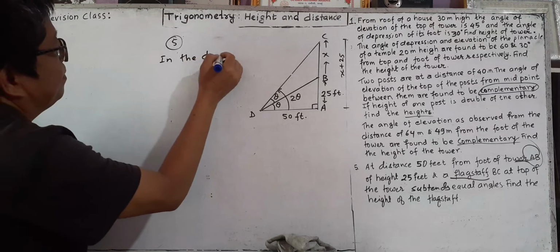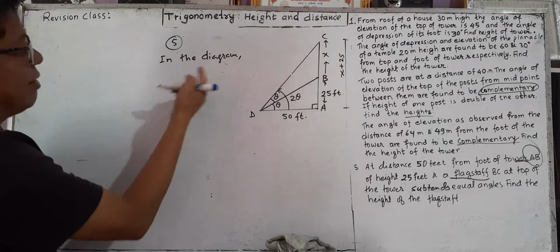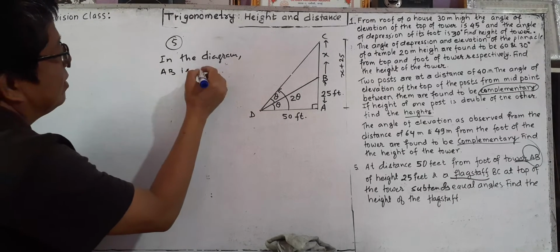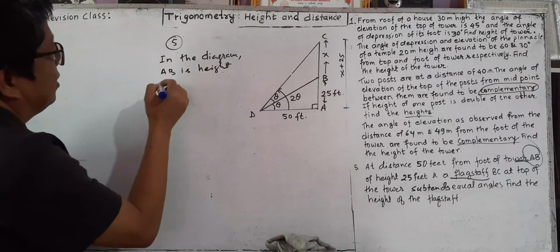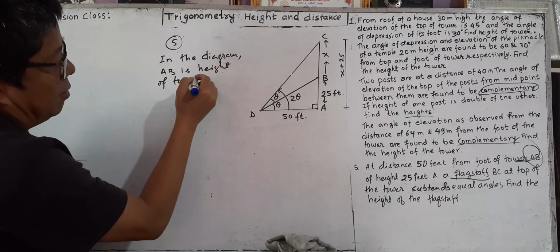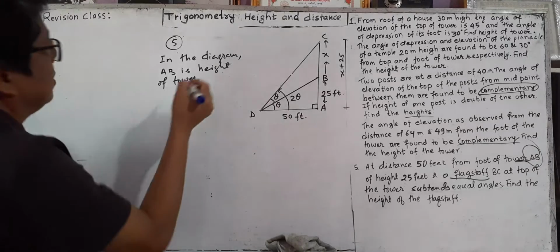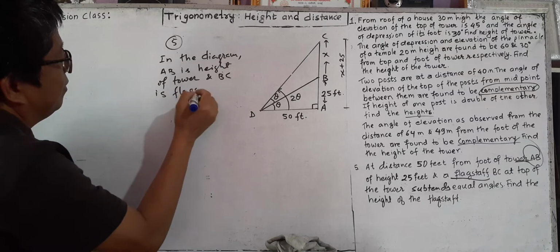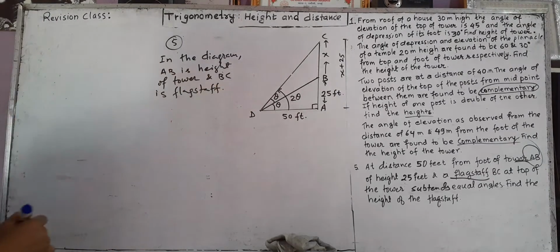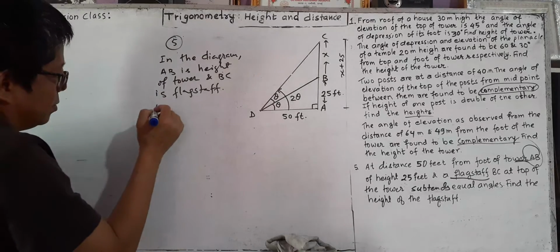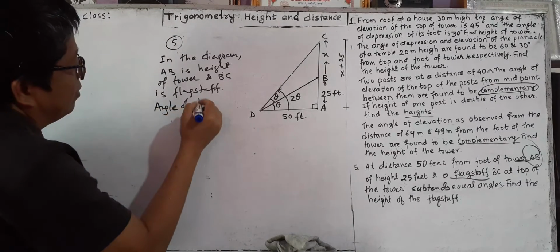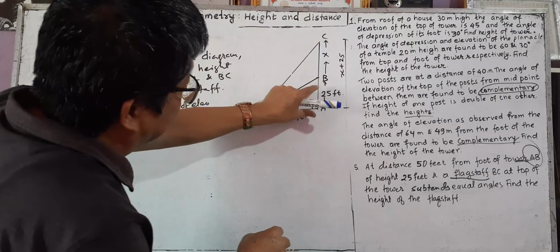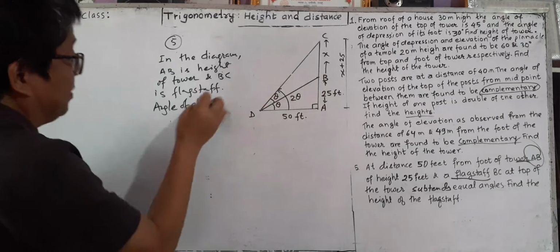In the diagram, or you can write figure, AB is the height of the tower and BC is the flagstaff. The flagstaff and the tower subtend angles.